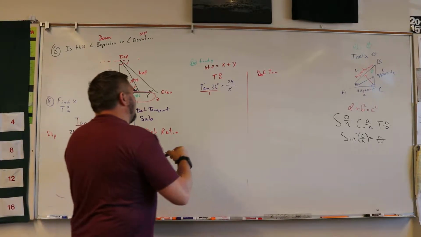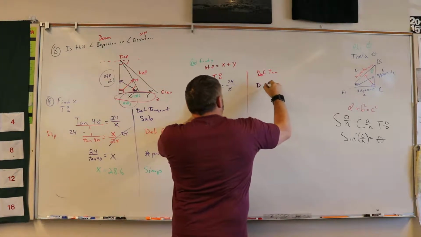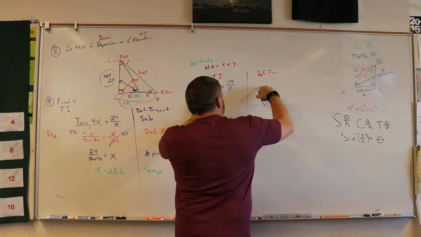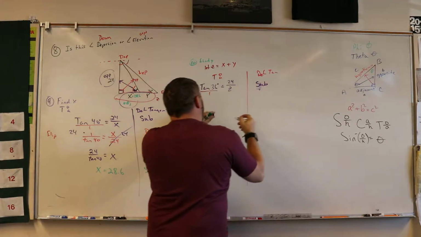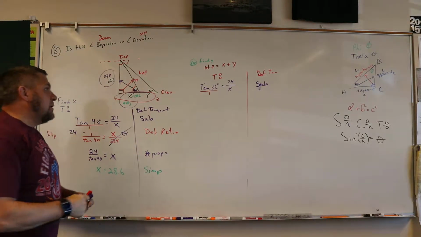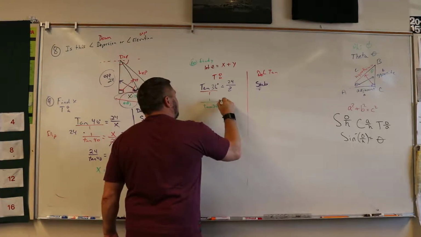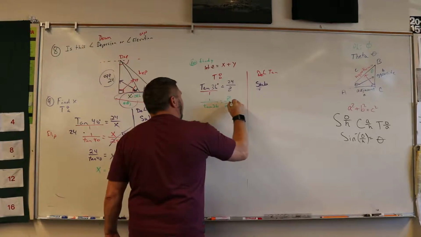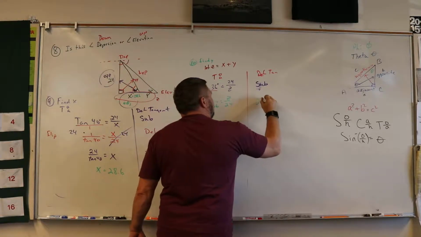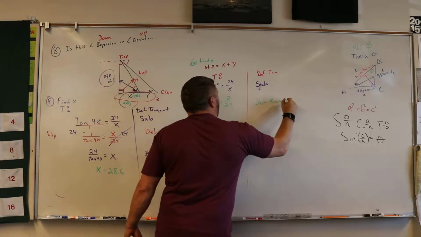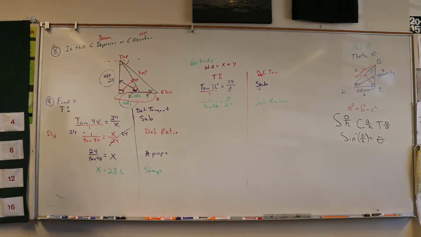Now that is substitution. Sorry about that. Okay? And then we're going to flip it. So we got 1 over tangent 36 is equal to z over 24. And that is definition of a ratio. It means I can flip it.